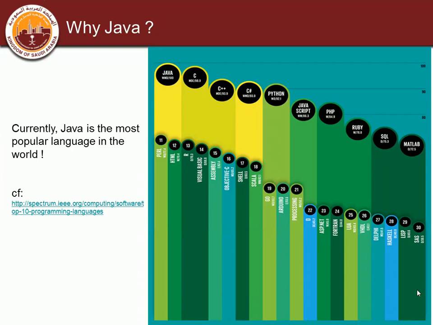Some of them have different objectives on how they can be used. For example, JavaScript is mainly used within a browser. So when you browse the internet, a page can have some JavaScript to allow some processing to be done on your side, on the client side, not on the server side. Anyway, different programming languages have different objectives, but they share the common thing, which is the logic behind it.